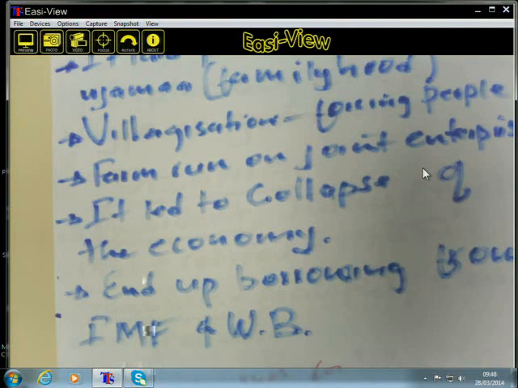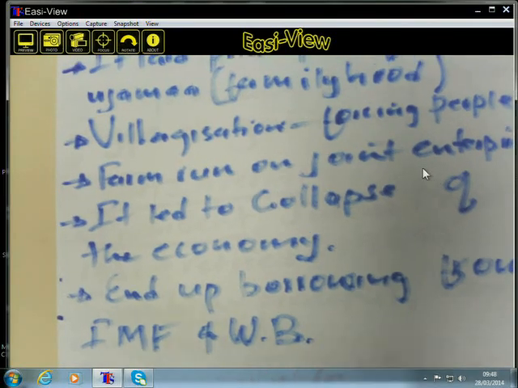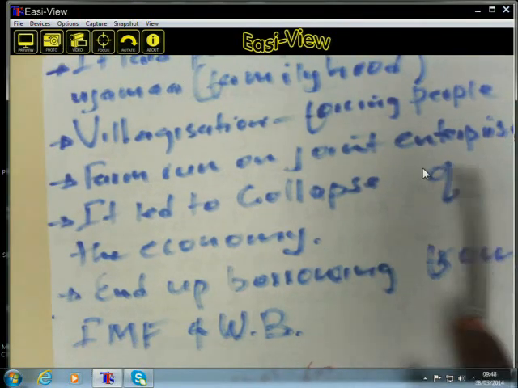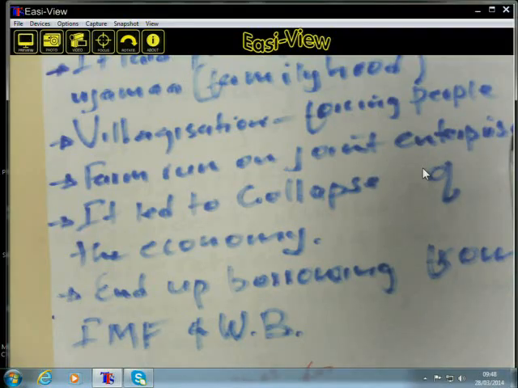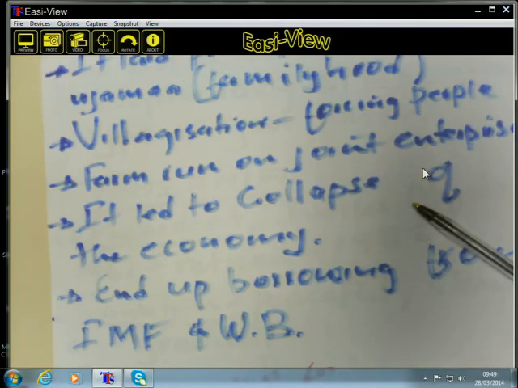They were not even having enough sophisticated instruments to work on that particular land. So people didn't have the zeal to move to villages, hence it failed. And they were there to work on joint enterprises. So the failure of Ujamaa as an economic system in rural areas led to the collapse of the economy in Tanzania.